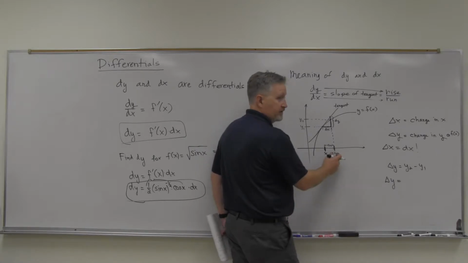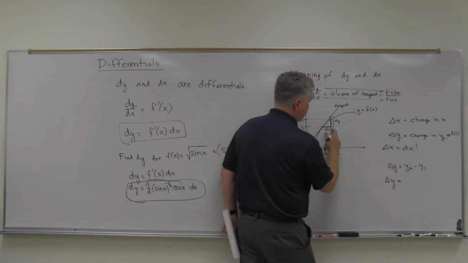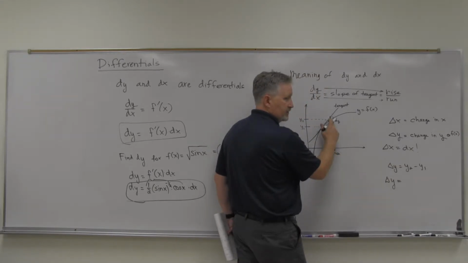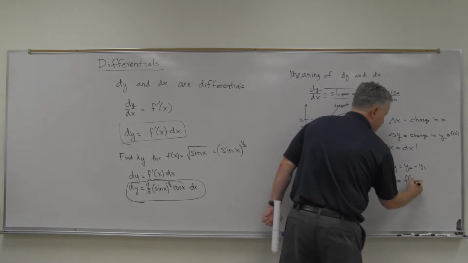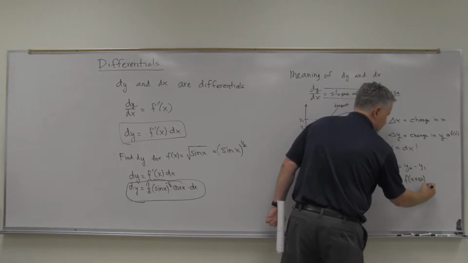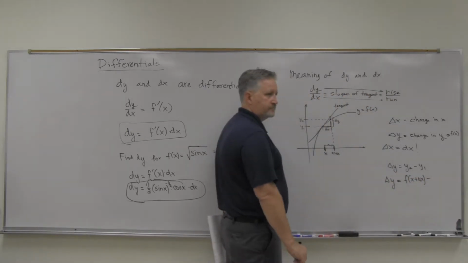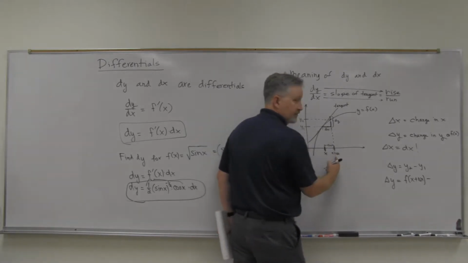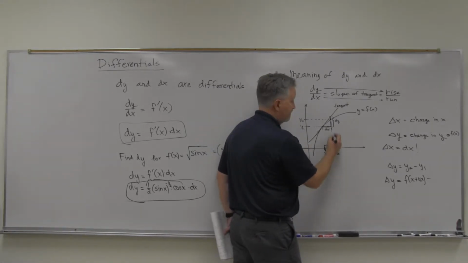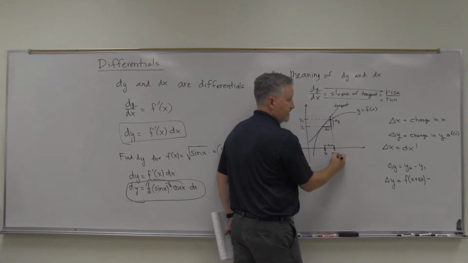Isn't that the x value here? So the y2 value is the y value at x plus delta x, or in other words, f of x plus delta x. It's the function value evaluated at this x.